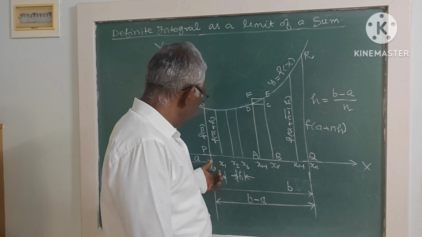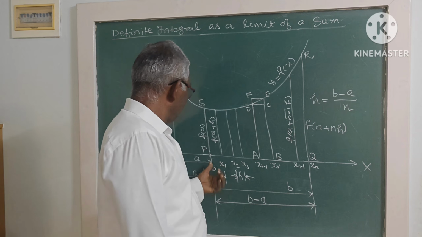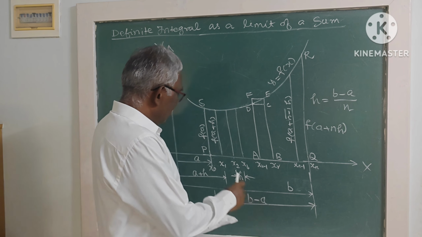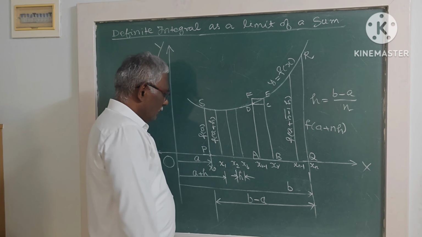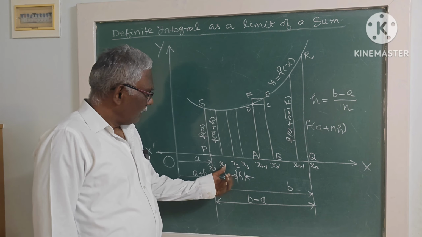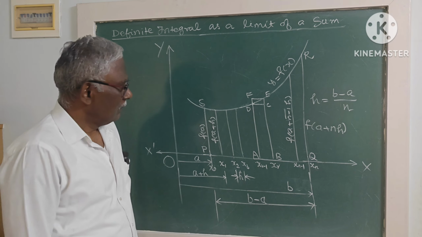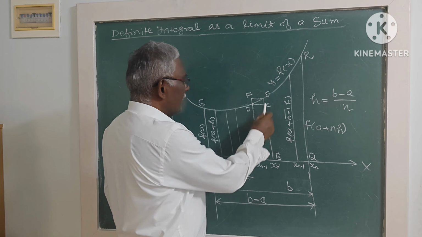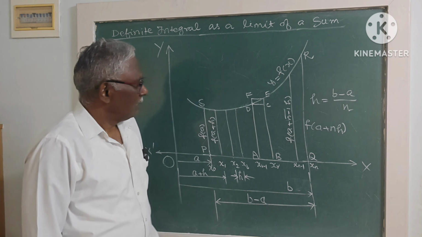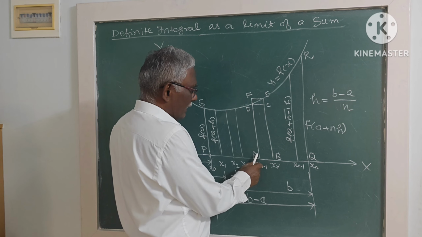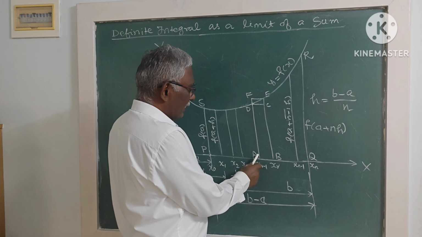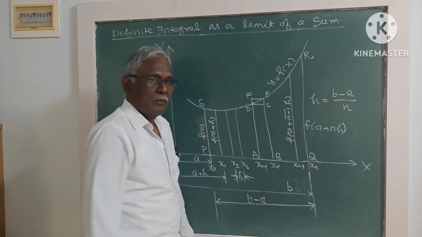We have divided the region PQRSP into n sub-regions. Each sub-region is defined by the intervals x0, x1 and x1, x2 and so on. Thus consider the area of the region ABED. The area of this region is greater than the area of the rectangle ABCD and less than the area of the rectangle ABEF.